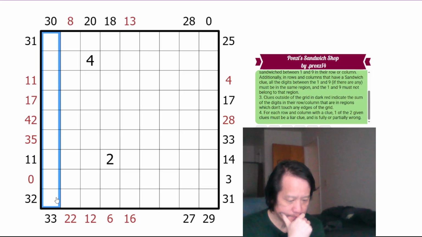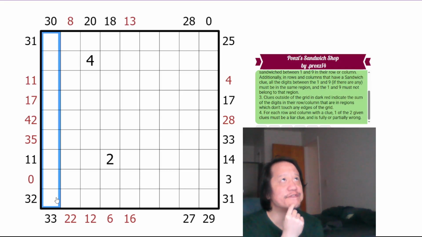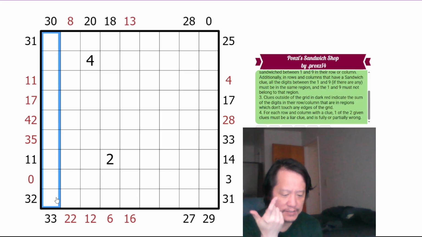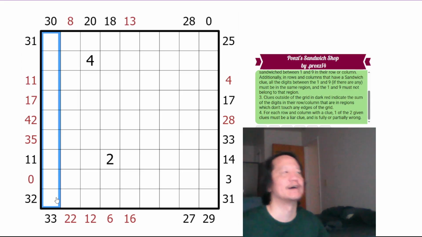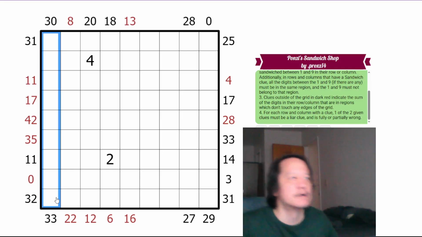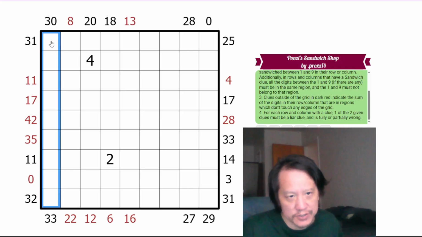That means the digits that are not the 1 and the 9 add up to 35 in total. So the outside has to be at least 2, and it could be 2 digits at most that you can have outside of the 1 and 9. You have at least 1 digit outside the 1 and 9.